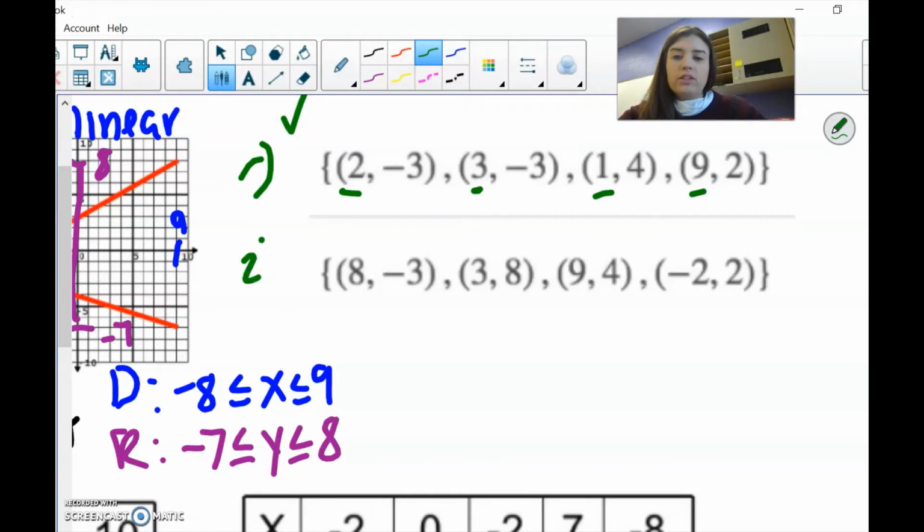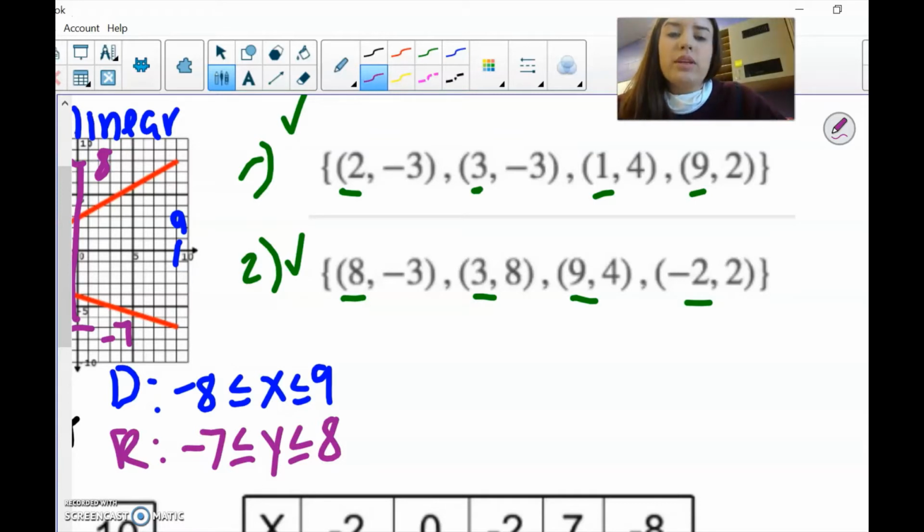Let's look down at 2. We're checking all these inputs, 8, 3, 9, and -2 again. 8, 3, 9, -2, they all have exactly one output. This is also a function. Now, because they have specific points, we can say our range would be our y values, which is -3, 4, and 2.